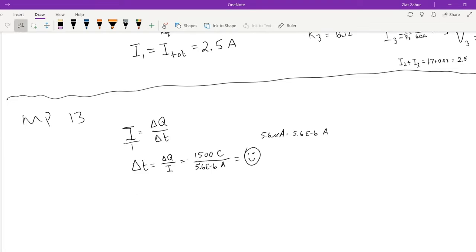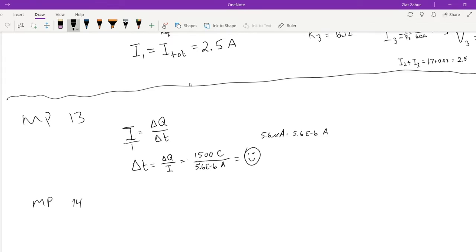Moving on to 14. Mastering Physics 14. In 14, it says a circuit consists of resistors 170 ohms, 240, and 65 connected in series with a 12-volt battery. How much current flows through the resistors? Okay, so based on the information, you should be able to draw the circuit out.